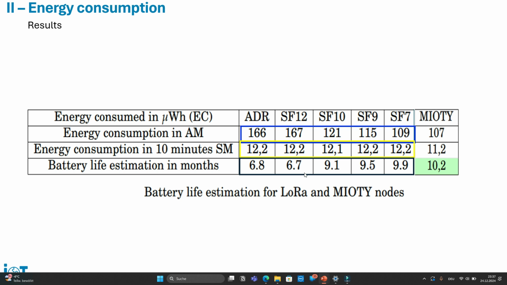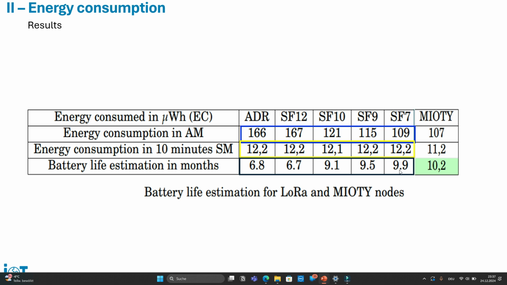The adaptive data rate and spreading factor 12 are showing nearly the same results. I assume because the adaptive data rate was also using the spreading factor 12 regarding the distance between the end nodes and the base station.